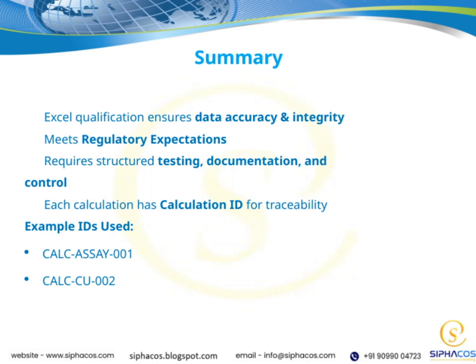These IDs are essential for traceability, especially when audits or reviews happen. Overall, these elements, qualification, compliance, documentation, and traceability, are the backbone of a robust and reliable data management process, and they tie directly into our overall goal of ensuring data quality and regulatory readiness.